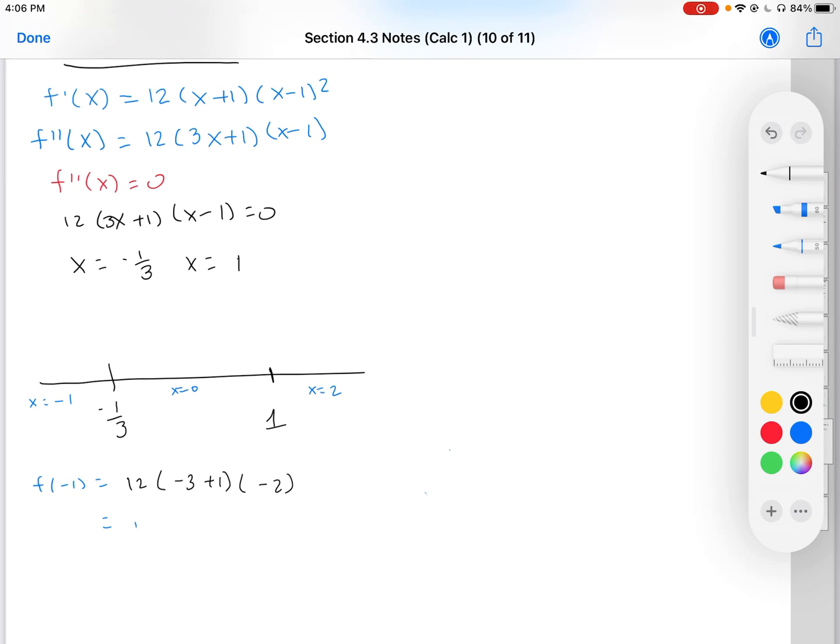We're left with negative 2 times negative 2, which is positive 4, times 12, we get 48.